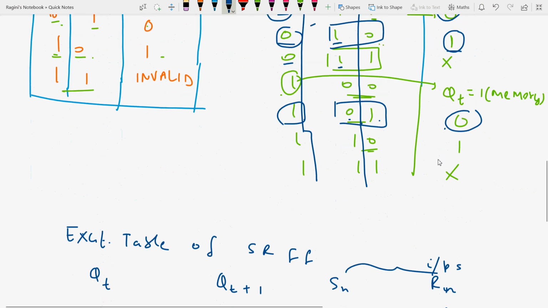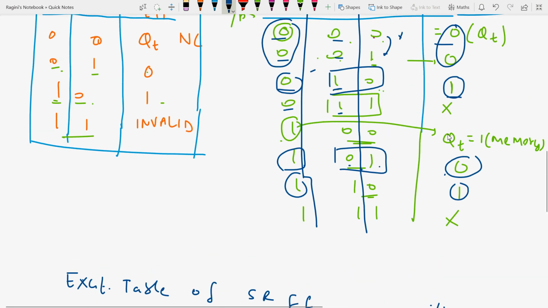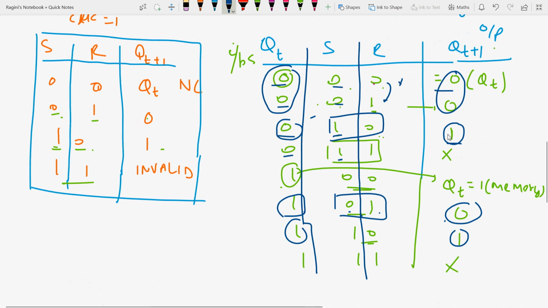Now when Qt and Qt plus 1 are 1 1, that means here it is 1, here it is 1. You can say that S is 1 here but R is changing its value.